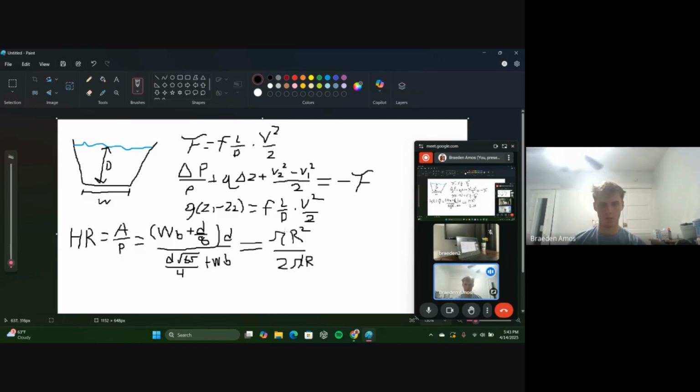So we can cross out pi, get rid of this r, get rid of one of these. So we're left with r over 2, and that is equal to D over 4. So that's how you do part 1.